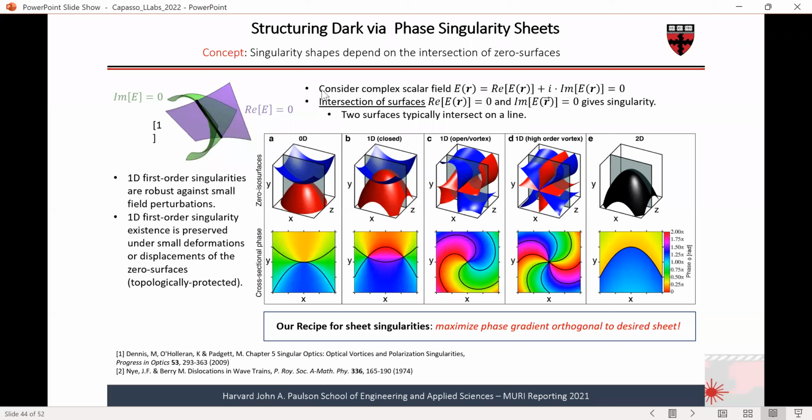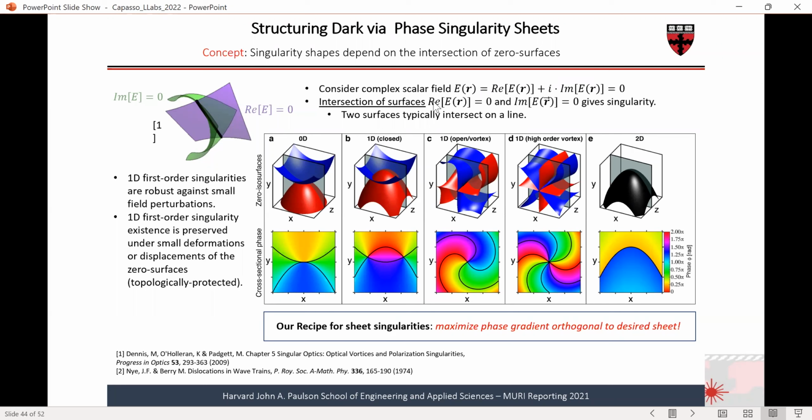So to describe these generalized singularities, we note that a complex scalar field has a real and imaginary part, of course. We know that, and so if you want to have a singularity, the real part and the imaginary part must be zero. So the phase is undetermined, which is the ratio of these two parts here.